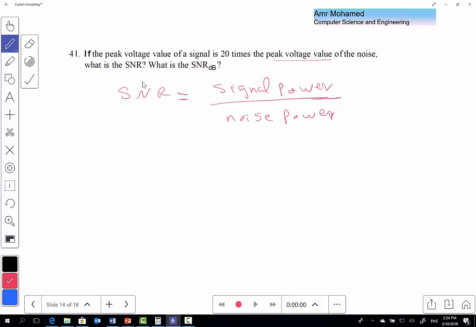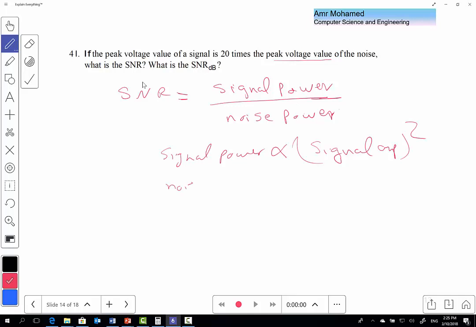So if the signal amplitude is 20 times, what is the ratio between the signal power and the noise power? Well, signal power is proportional to the signal amplitude square.